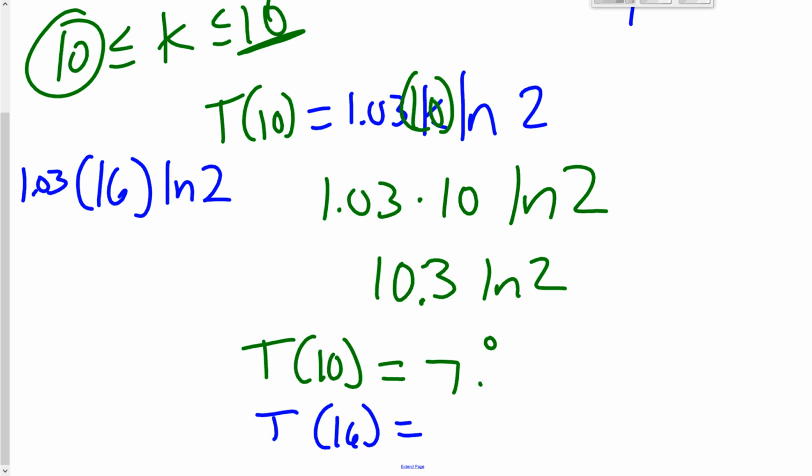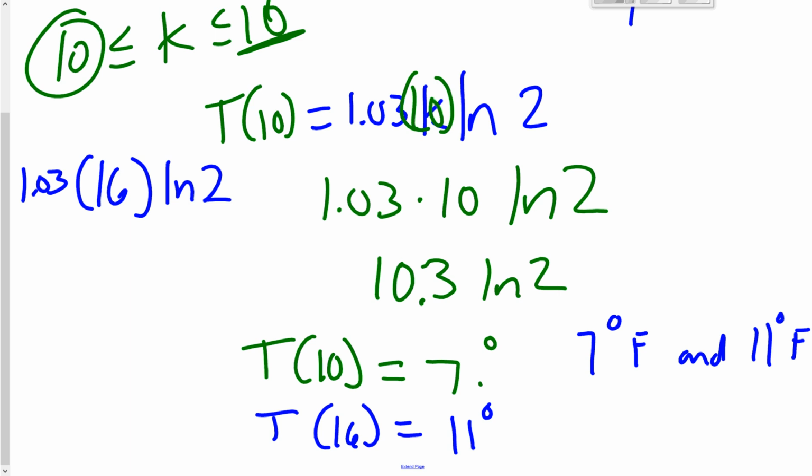So we're going to type 1.03 times 16 times ln of 2 and we get 11.4, so it still says 11. So our range is somewhere between 7 degrees Fahrenheit and 11 degrees Fahrenheit. So our temperature increase is somewhere in between there.